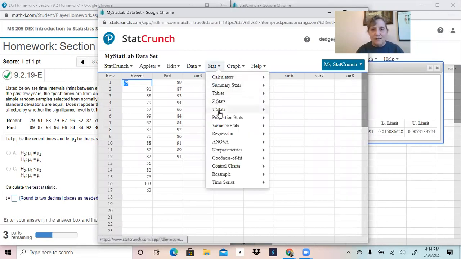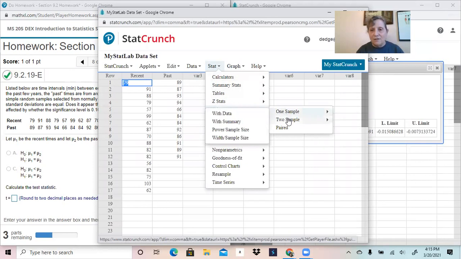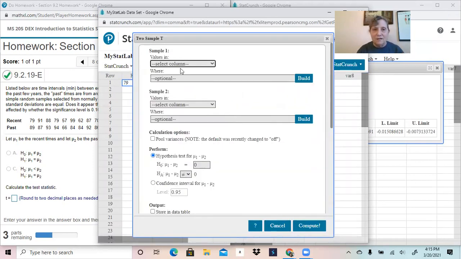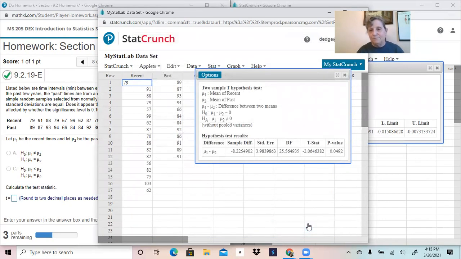We'll go with Stat, T stats, 2 samples with data. First values are recent, second values are the past. Compute, boom. So it's the same as the other problems.